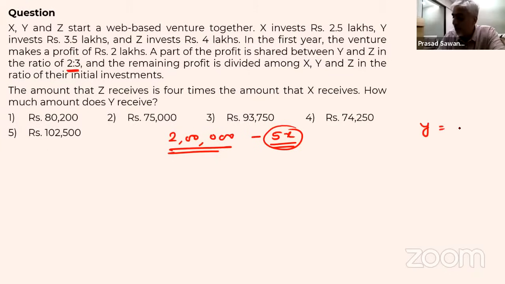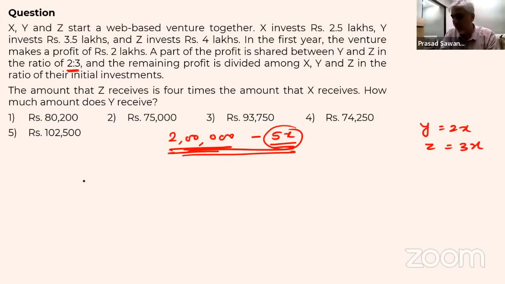So, Y would get 2x and Z would get 3x. And this will be the remaining money, which will then get divided between them in the ratio 5:7:8, which we already did.